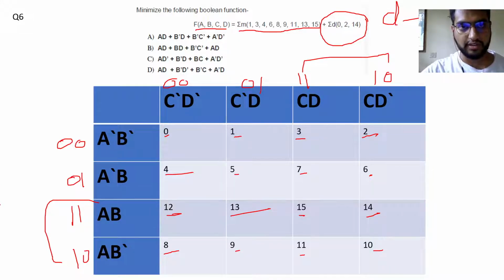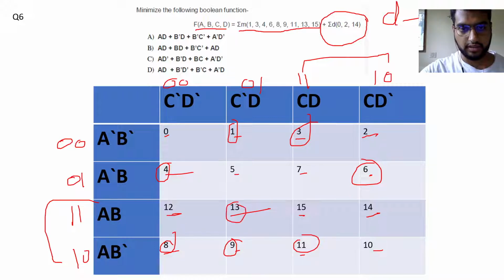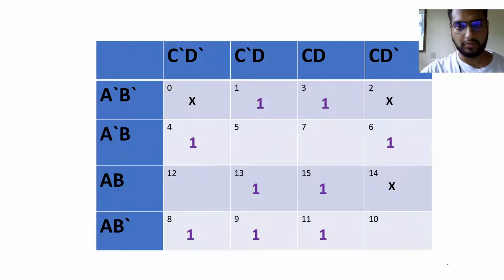So here we are given 1, 3, 4, 6, 8, 9, 11, 13 and 15 equal to 1, and the don't cares are 0, 2 and 14. I have marked them in this map like this.